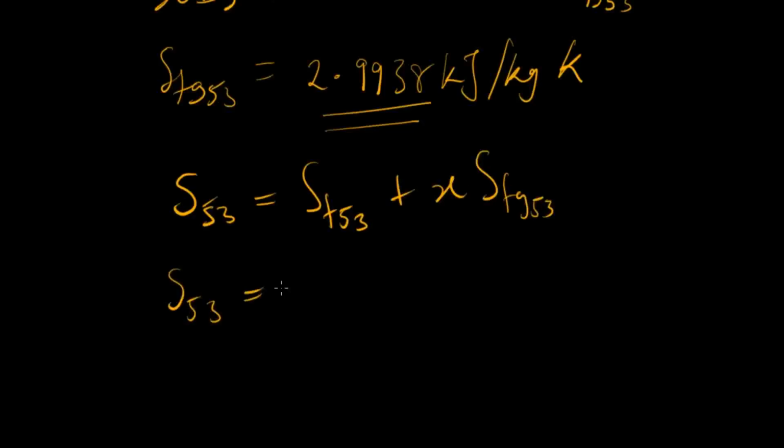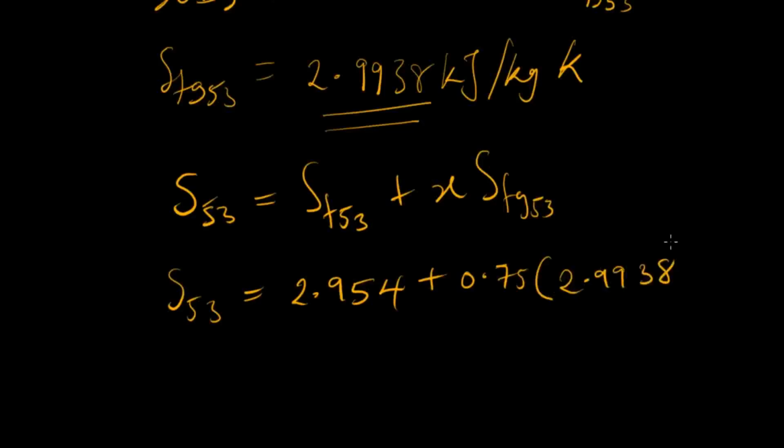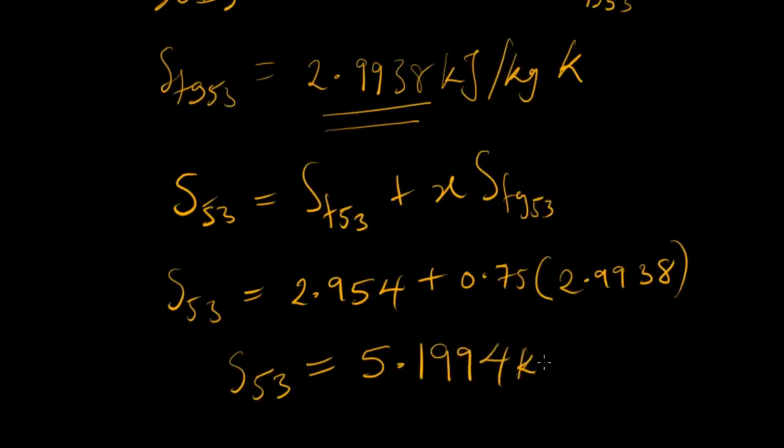So sf53 remains 2.954 plus 0.75 into 2.9938, so that s53 will be equal to 5.1994 kilojoules per kilogram Kelvin.